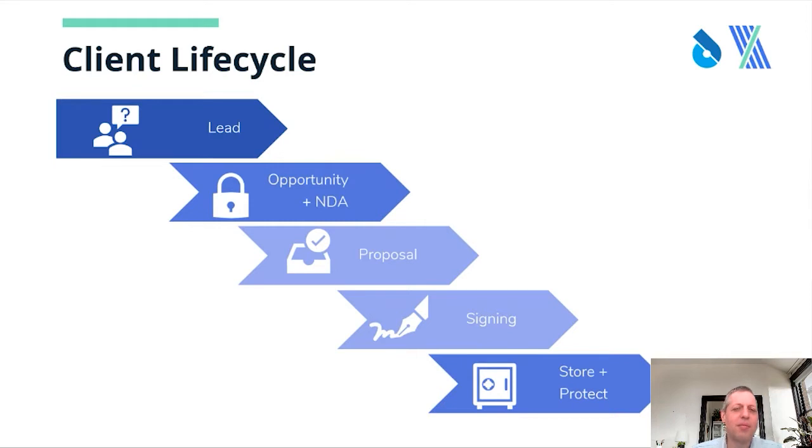So we'll look at how we put that NDA in place. Following that, we'll look at how we build a proposal. Our proposal is going to be an element of standardized material about what we do and how we do it, balanced with some customization for this particular client. Signing this proposal is an important part of the process because that's what makes a deal happen.